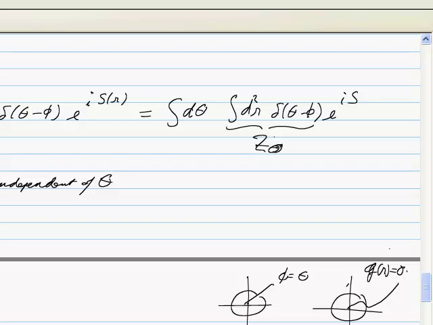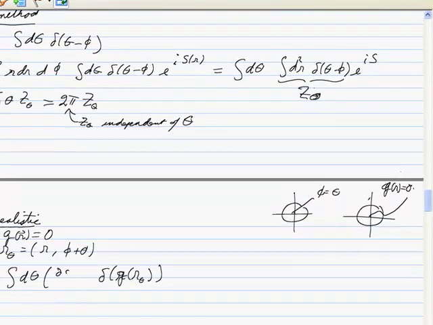But the trouble here is that this is not a simple constraint. If I just did this, this is not one, because the integral d theta of this thing, which is a function of theta, doesn't give me one in general. What you have to do is add in the Jacobian, dg d theta at g equals 0.